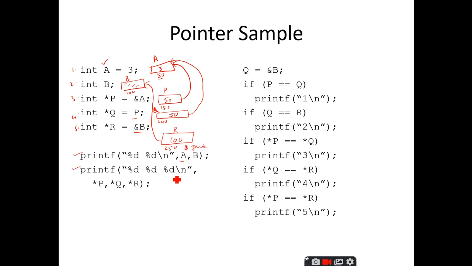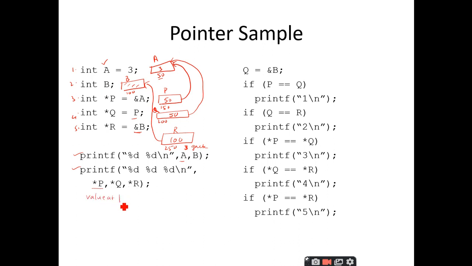printf %d, this is not address, value at p, value at q, and value at r. This is how we should read, right? So what is the value at p? Value at p means you can write like this.